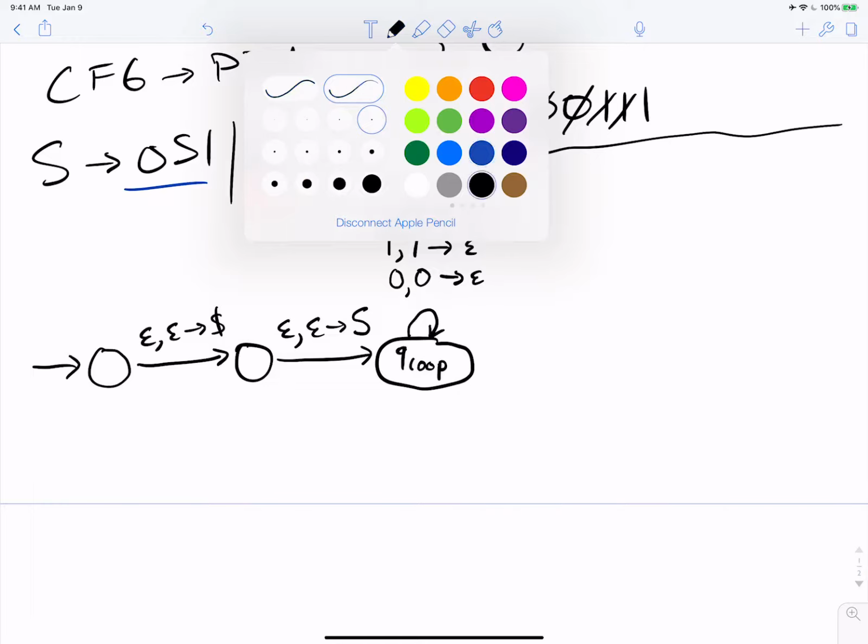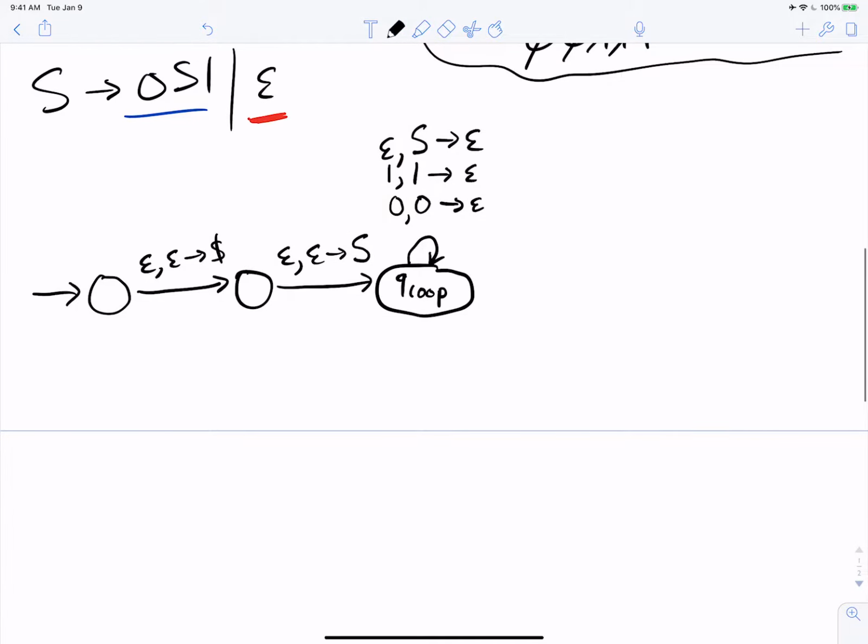So that's what we're going to do here. None of these are going to read, for the same reason. So epsilon, we're always going to pop the left variable off, which is S in this case. But now we have to think what to push. So what should we push here?